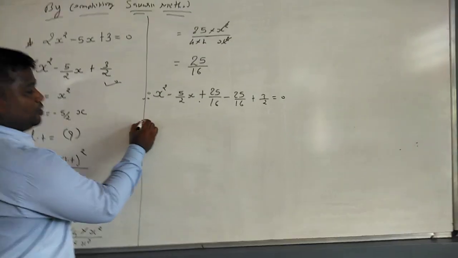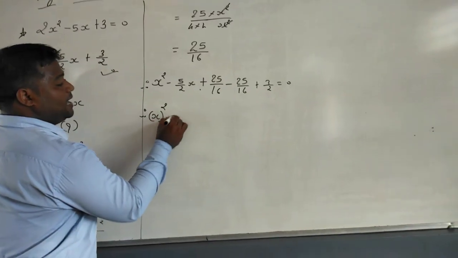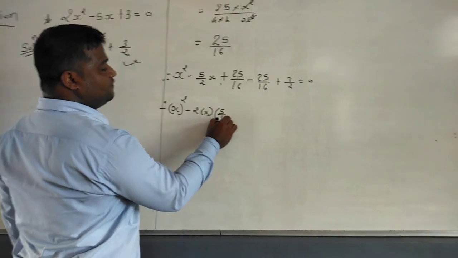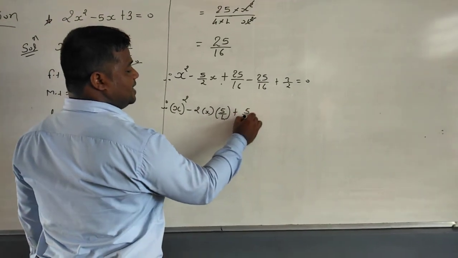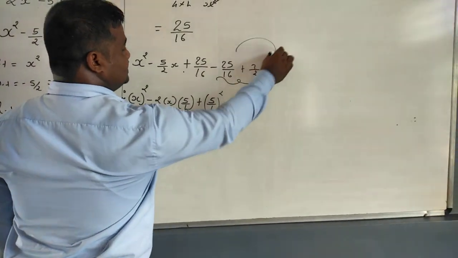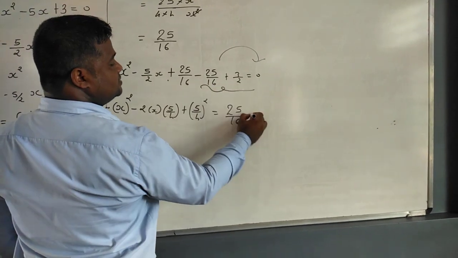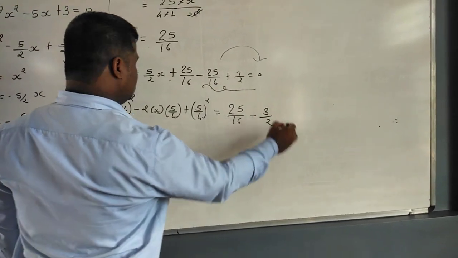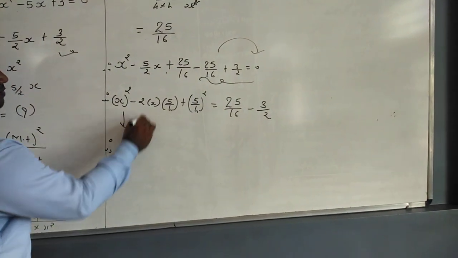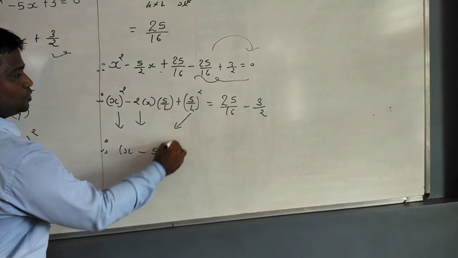Now the perfect square trinomial: first term square minus 2 into first term into last term, that is 5 by 4, plus 5 by 4 whole square. This I am going to take to the other side. So this is negative, it will become positive, and this positive will become negative. Now the perfect square trinomial is x, middle sign negative, last term 5 by 4, whole square.